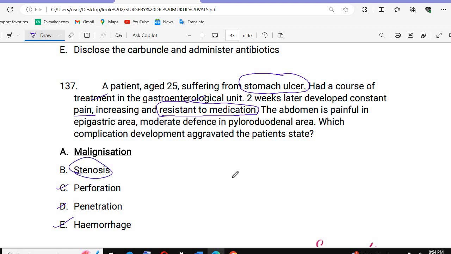Stenosis, yes, that is possible, it is a complication we discussed, but all these complications are not suitable for this condition. That's why I think they choose malignization, because the resistance to medication is there. If a person is resistant to medications, we cannot say the patient has malignization, but this is a tricky question, so we need to choose such options.